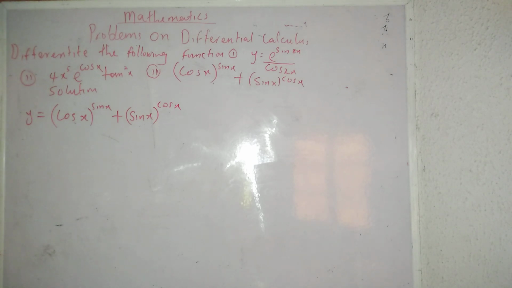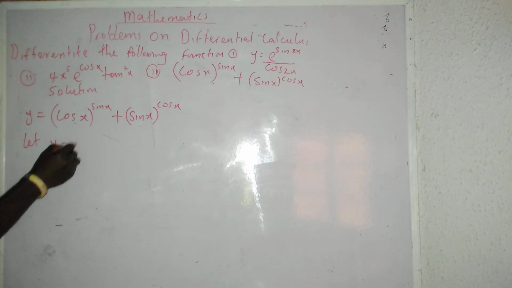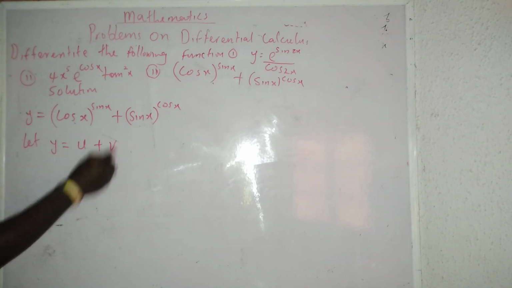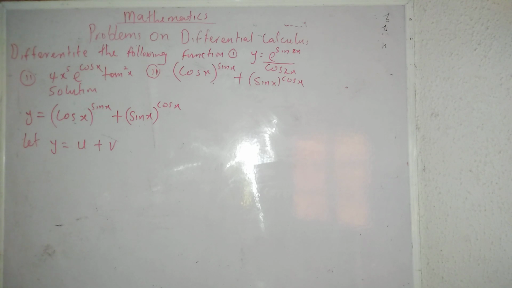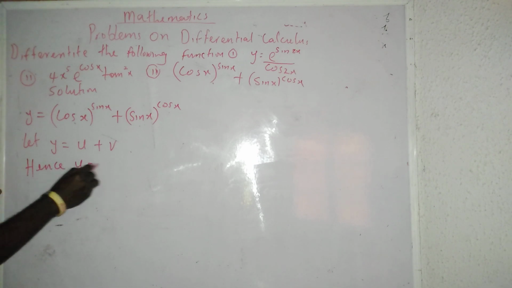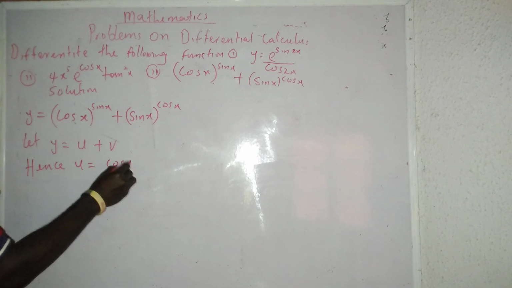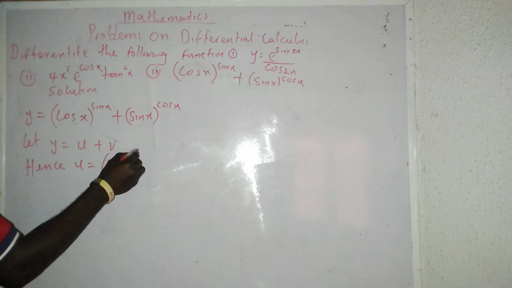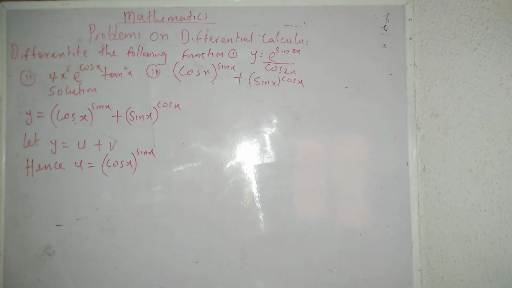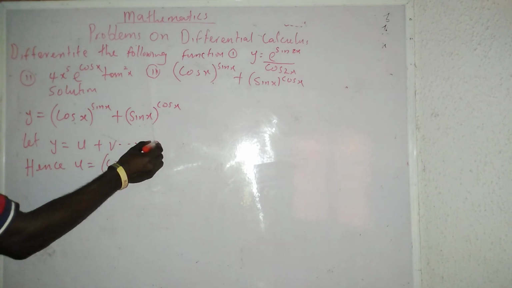If I have this type of problem, I can let y equals u plus v. Hence, my u equals cos x raised to the power sine x. If I apply ln here, let's call this equation 1.